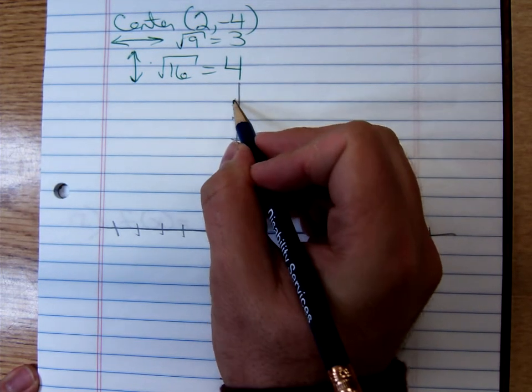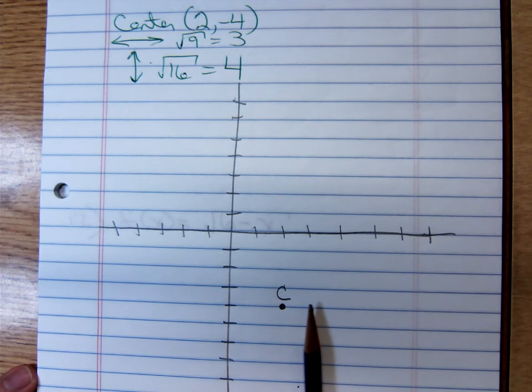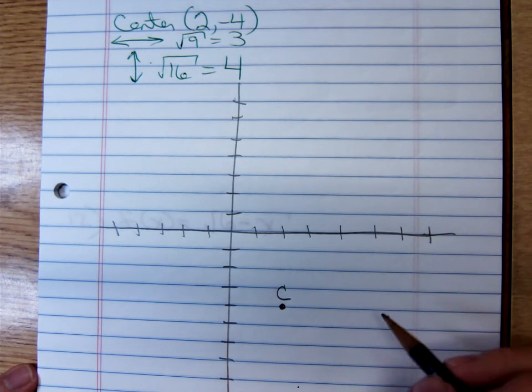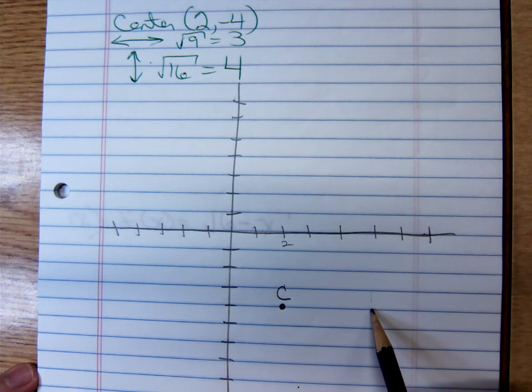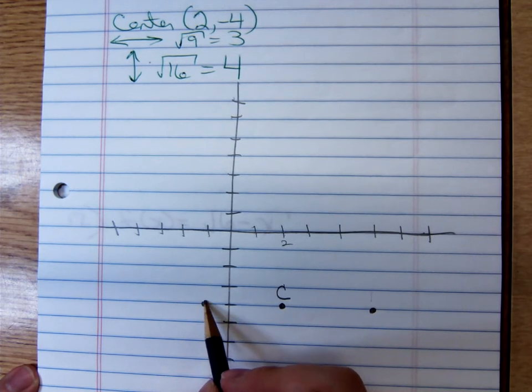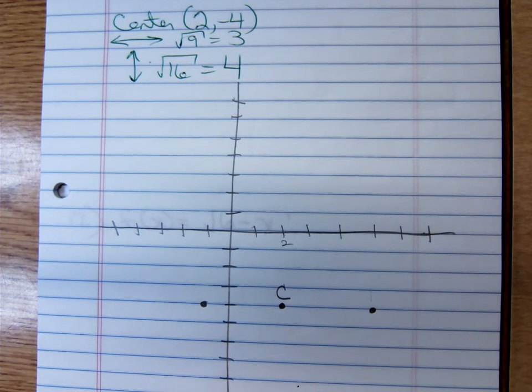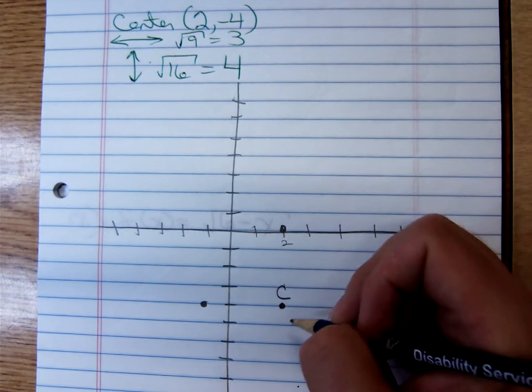So we go 3 units to the right. 1, 2, 3. We were at 2. We move to the 3. So that's at 5. 3 units to the left. That's at -1. We went 4 up and 4 down right there.